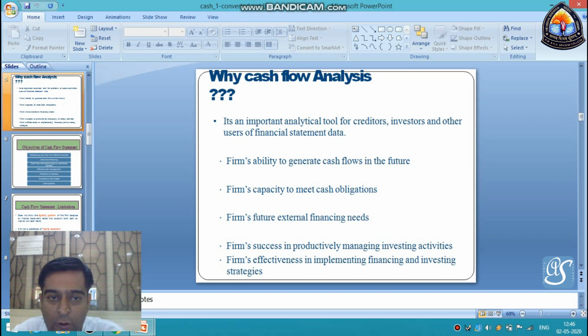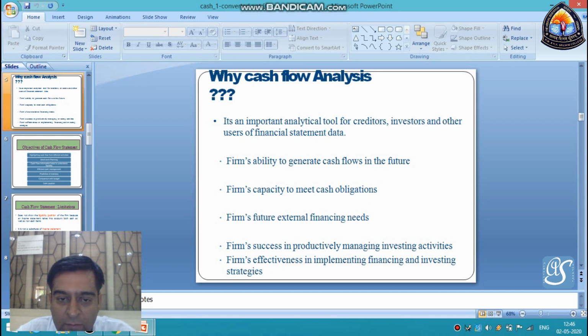Another point: why is cash flow analysis needed? It is an important analytical tool for creditors, investors and other users of financial statement data. If any company wants a loan from a financial institute, the banker analyzes our cash position using the cash flow statement, and then comes to know the financial position of our company.